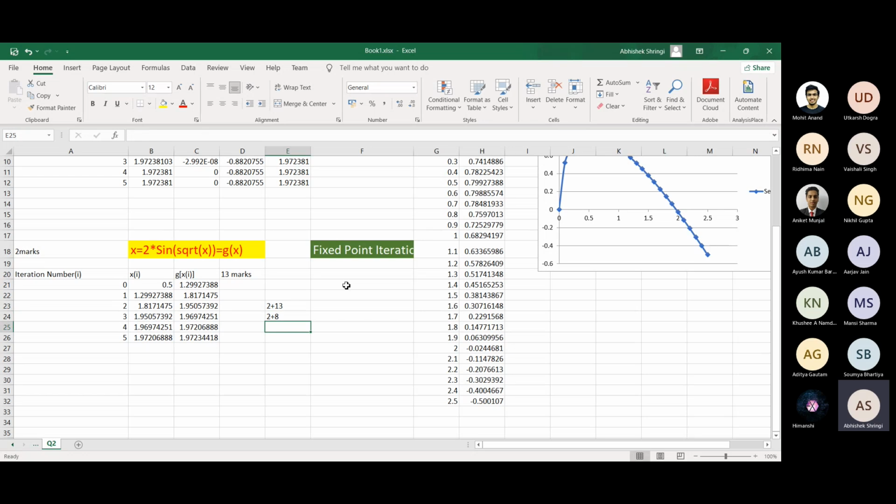Next, what kind of mistake was there? A wrong fx was taken. That was to be taken very seriously. The function that people took wrongly was 2 sine under root x minus x, not 2 sine under root x. They took fx and gx to be equal.